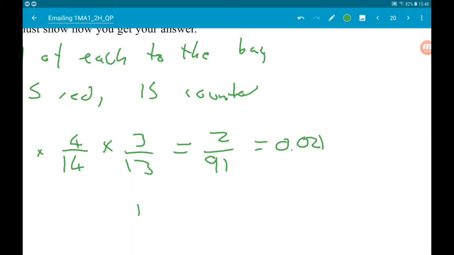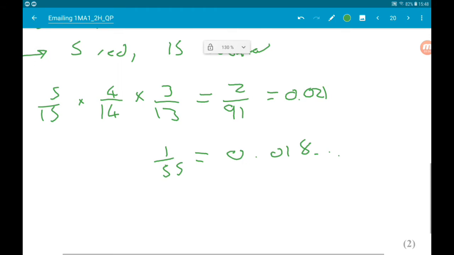So 1/55 was equal to 0.018. So 0.021 is more likely, so it's more likely.